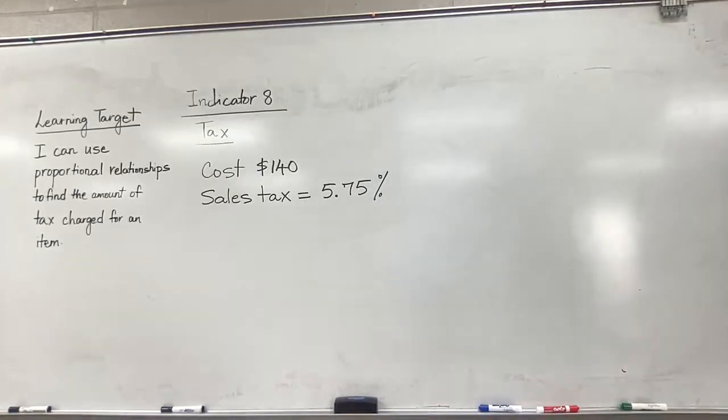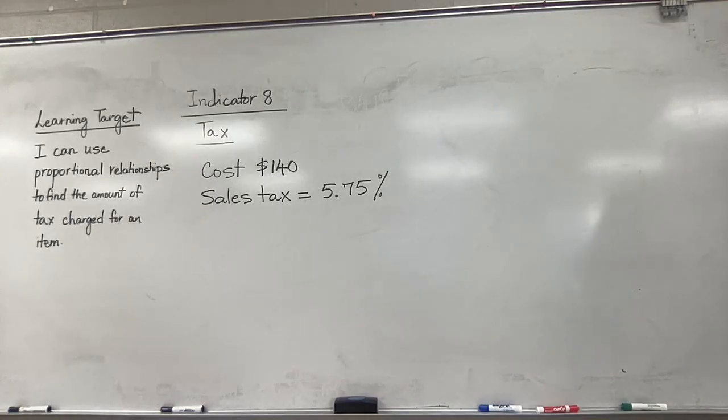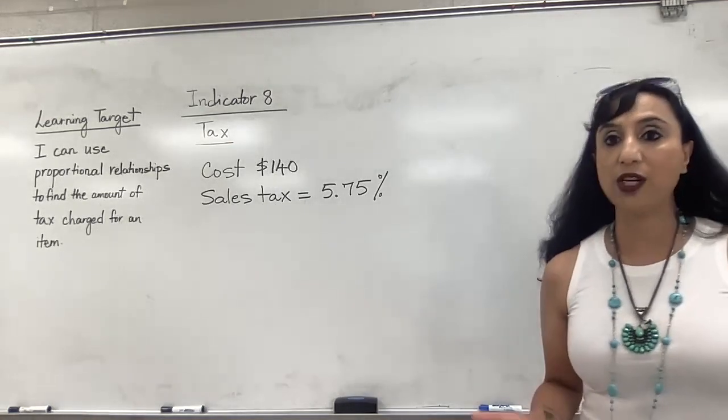Okay, so I'm going to show you a couple of methods that this can be done. You can use ratio reasoning. You can use properties of operations. I'm also going to show you using the percent formula, where A is equal to PW.